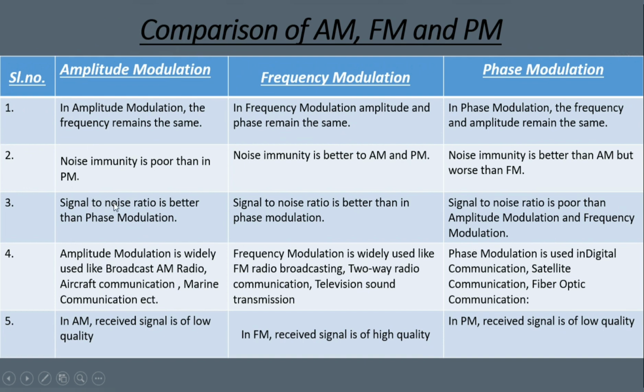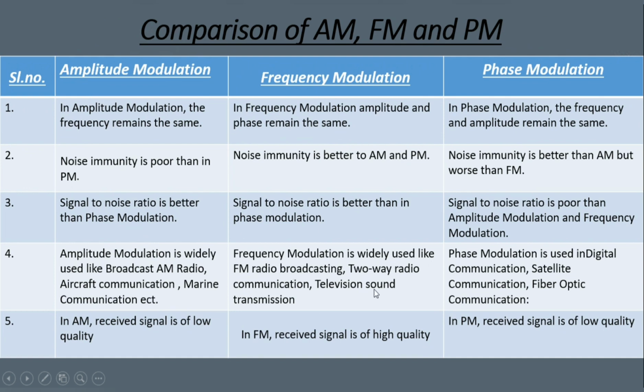So here we see the signal to noise ratio. Both AM and FM are better than phase modulation. Amplitude modulation is widely used in AM broadcasting radio, aircraft communication from earth to aircraft, and submarine and boat to boat communication.